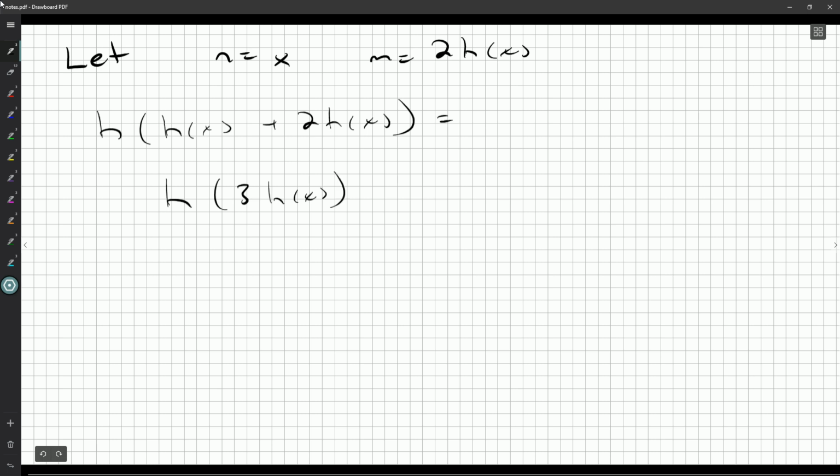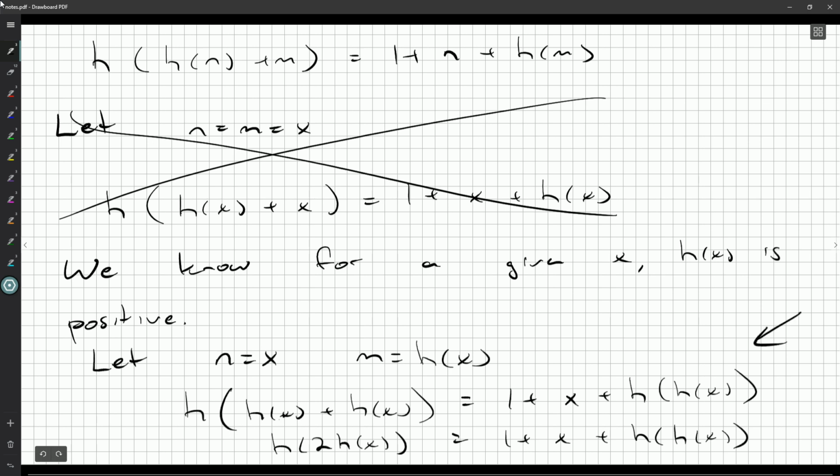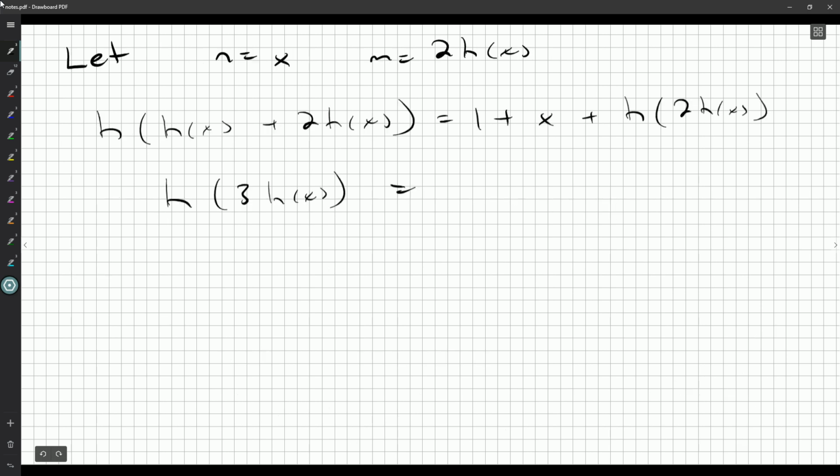You'll see this is all just in terms of a single x now, so that makes me a bit more comfortable. And what do we get here? We still get a 1 plus x, but now we get h of 2h of x. But we just figured out what that was over here.